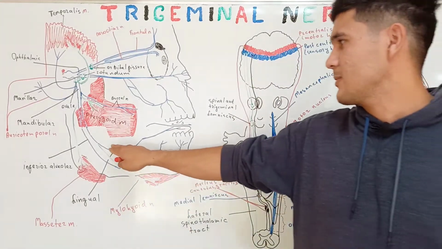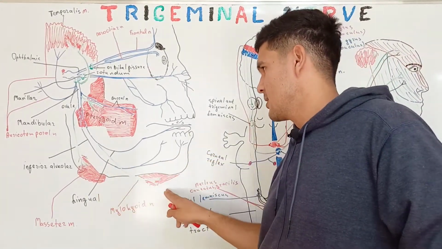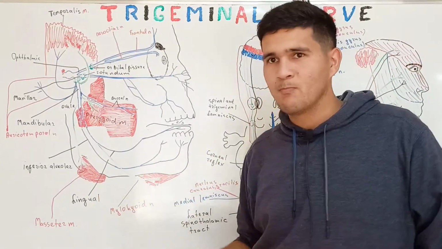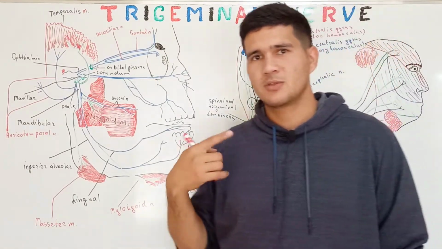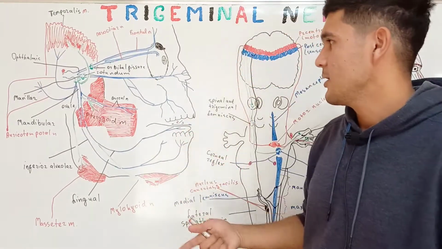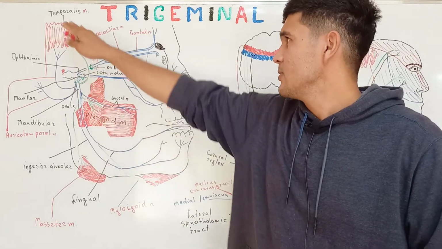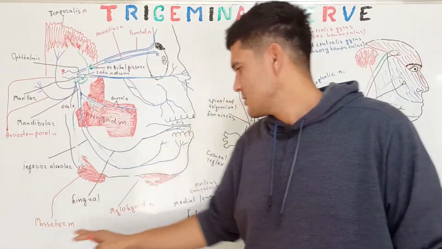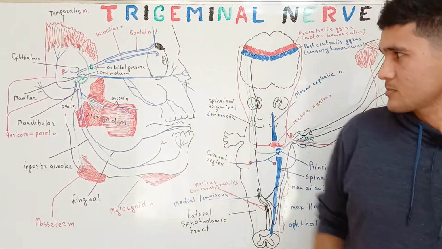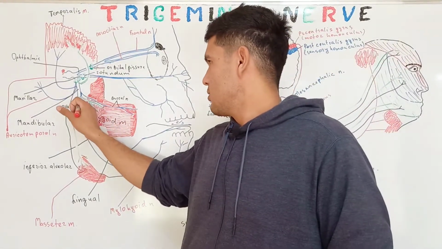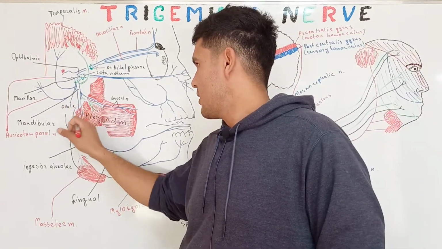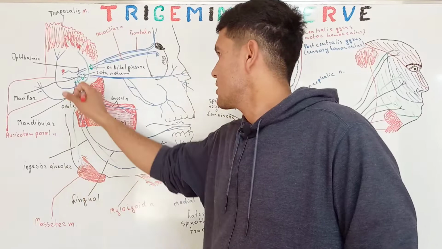It contains motor fibers, and they innervate the muscles responsible for the chewing action. Their names are the pterygoid muscle, temporal muscle, masseter muscle, and mylohyoid muscle. In the green color, I drew these fibers that are responsible for motor activity.